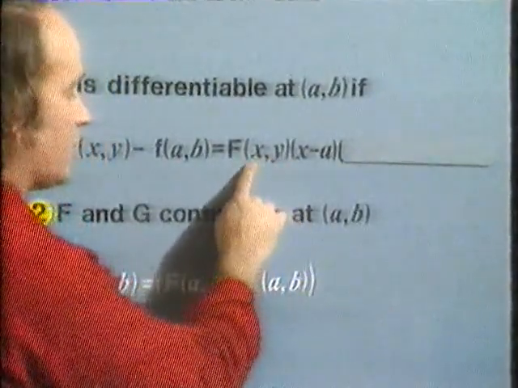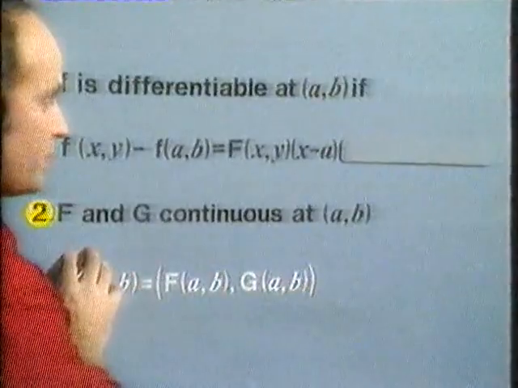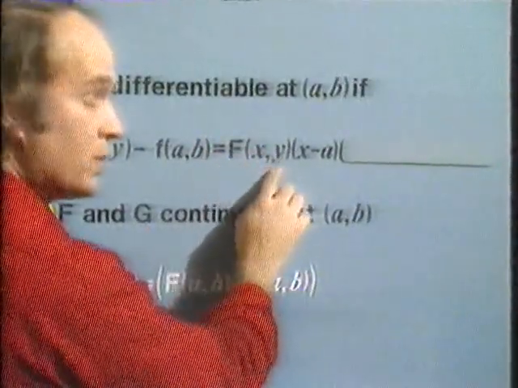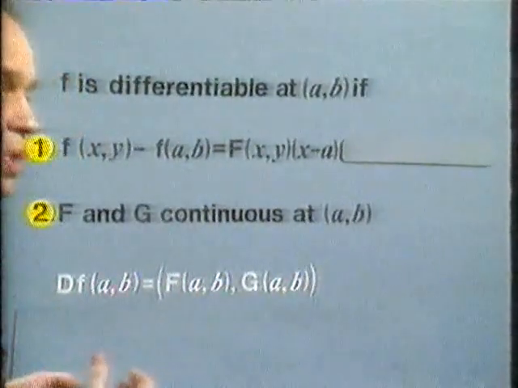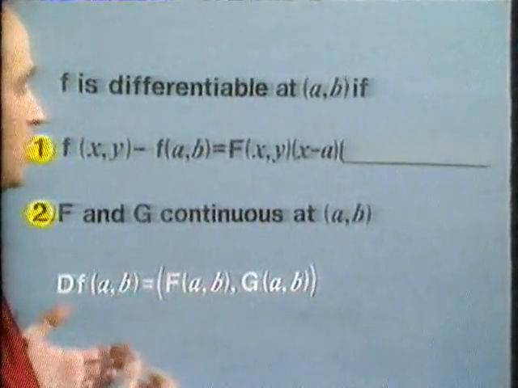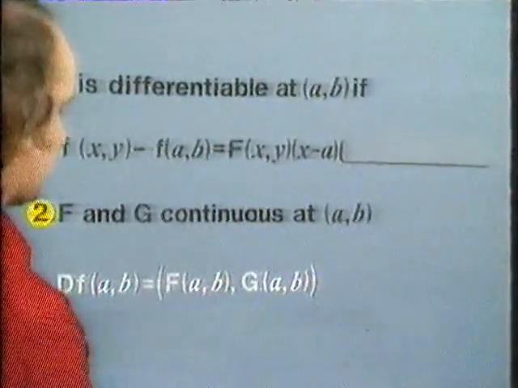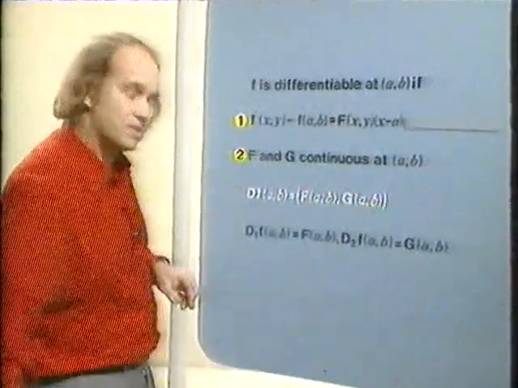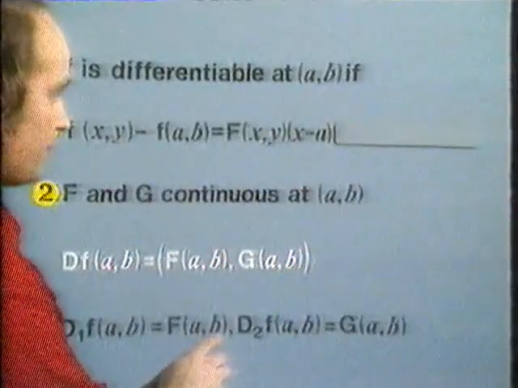Capital F with y equal to b is continuous at a by this condition. So we see that capital F with y equal to b is nothing more than the chord slope function for our function f1. So the function is partially differentiable at ab. The first partial derivative exists, and in fact is the value of capital F at ab.